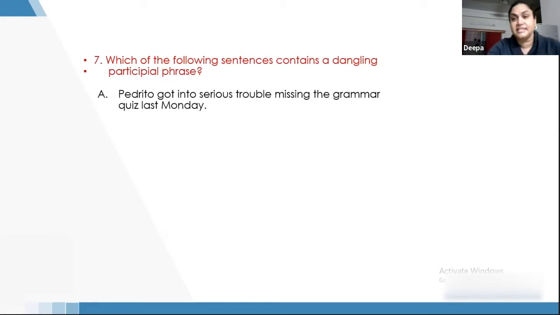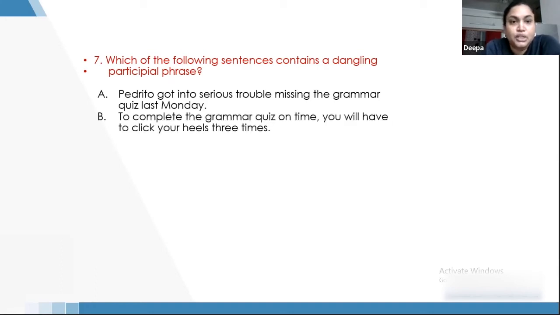Which of the following sentences contains a dangling participle phrase? Pedrito got into serious trouble missing the grammar quiz last Monday. To complete the grammar quiz on time, you will have to click your heels 3 times. When taking a grammar quiz, concentration is everything.